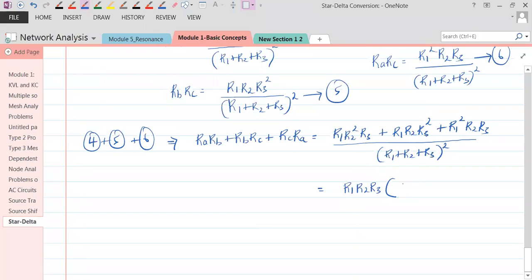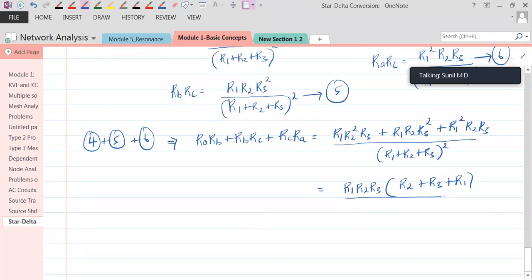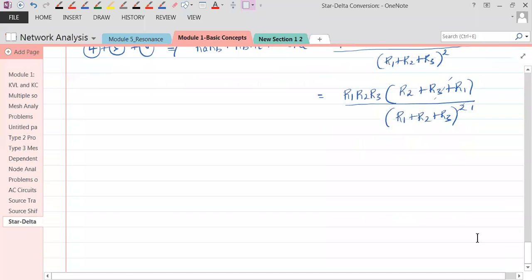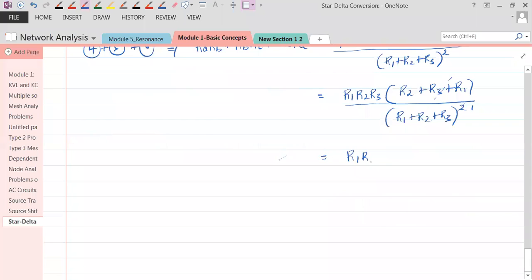If you take R1, R2, R3 common, what will be left? R2 plus R3 plus R1 would be left, in the bracket. In the denominator, we have R1 plus R2 plus R3 square. So this and this go off, so one term will go off. You'll be left with R1, R2, R3 divided by R1 plus R2 plus R3.